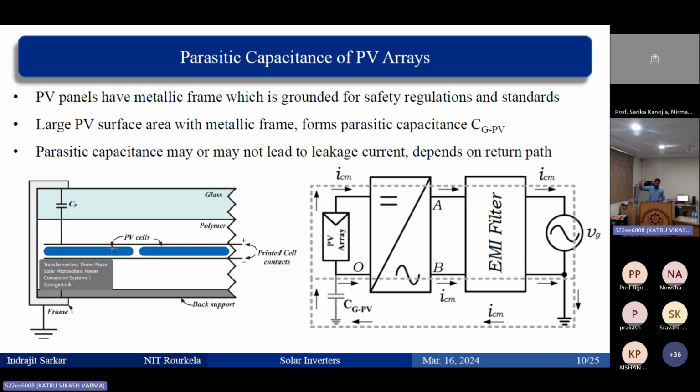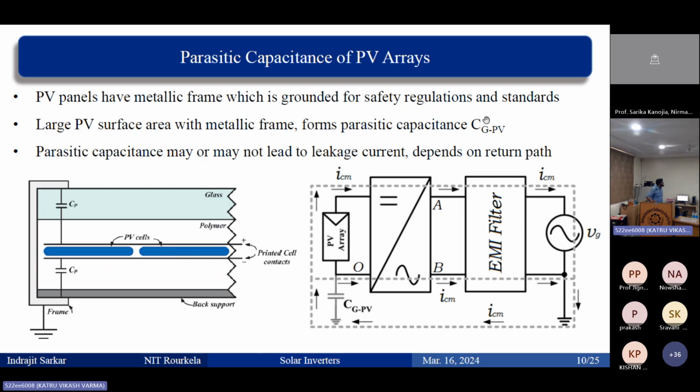Everything is dielectric, so there is a capacitance. So here also there is a metallic plate which is grounded, and there are polymer, glass, and PV cell. On top of this, when there is water, it is going to affect the parasitic capacitance of that PV panel. So this parasitic capacitance exists.